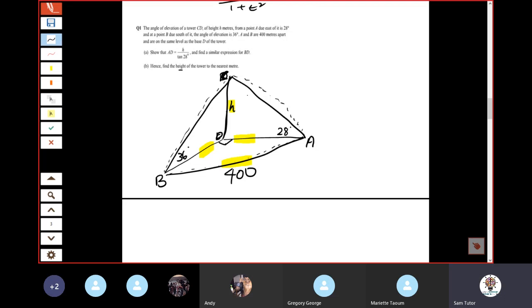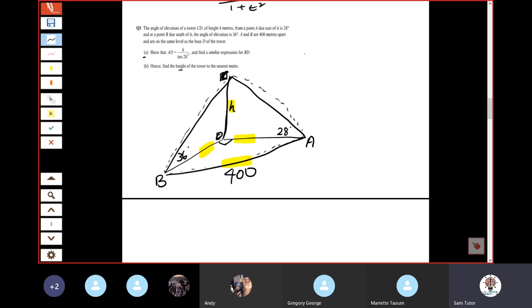All right, let's have a look at a question. Hopefully it all makes sense right now. A, show that AD is equal to H on tan 28. It's always going to be tan or cot, I'll tell you now. But here we go.